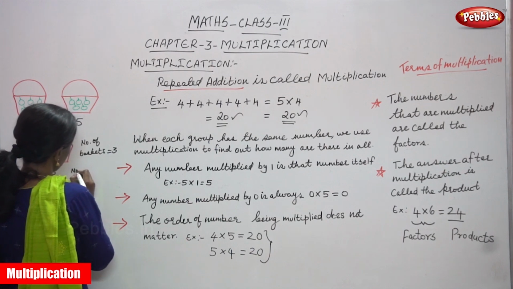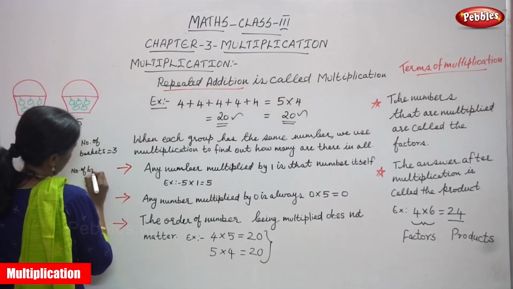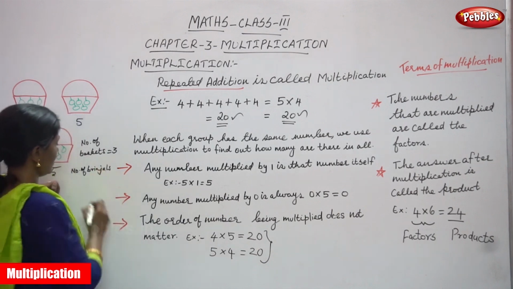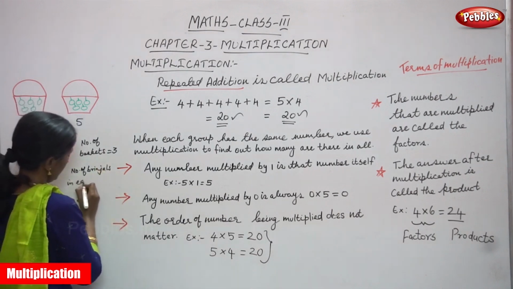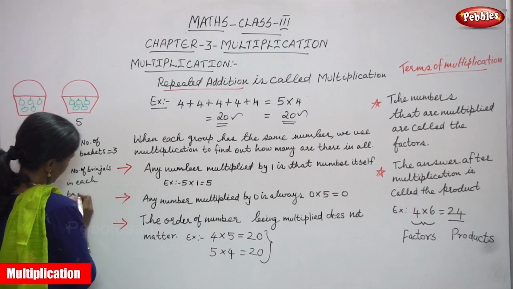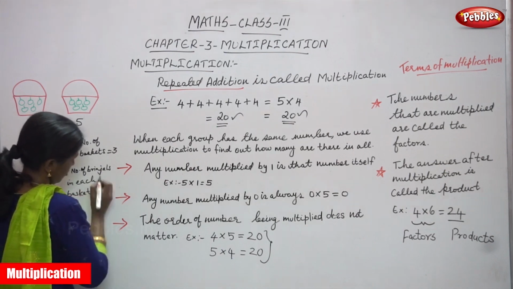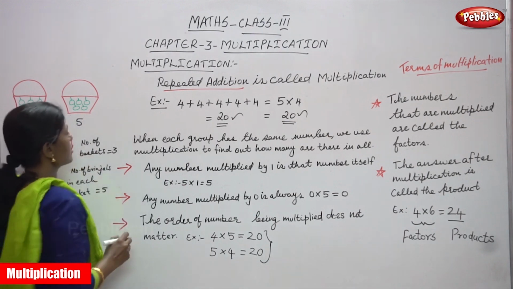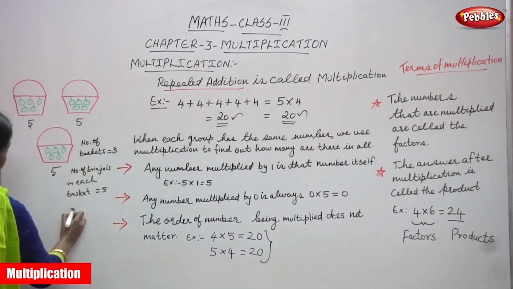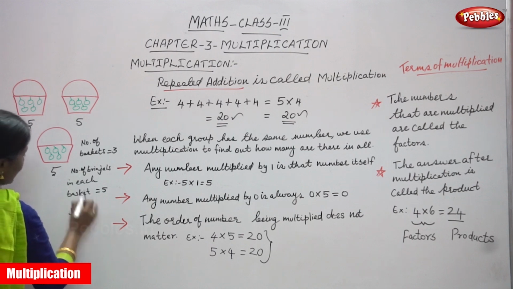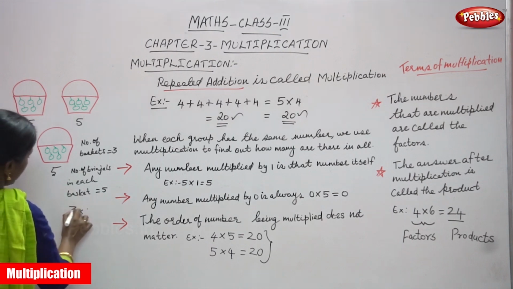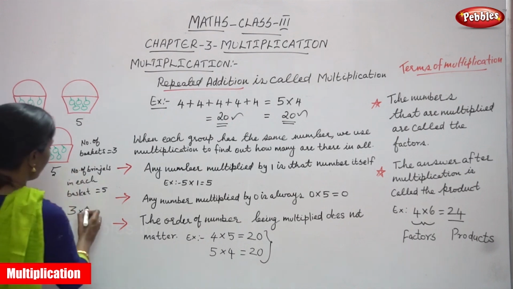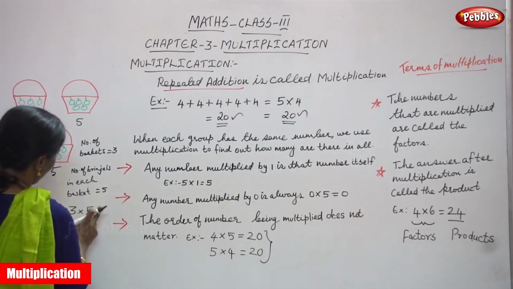Number of brinjals in each basket is 5. That means you have to multiply 5 into 3. Otherwise, you write 3. So how many baskets? 3 baskets. How many brinjals in each basket? 5 brinjals.